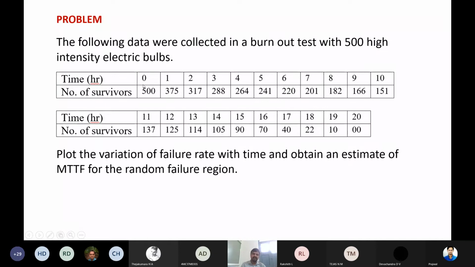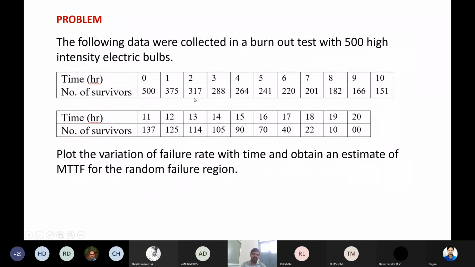That means during the time interval 0 to 1, or if you consider delta t as 1 hour, how many bulbs have failed during 1 hour? That is 125. Next, after 2 hours, you consider the interval 1 to 2.